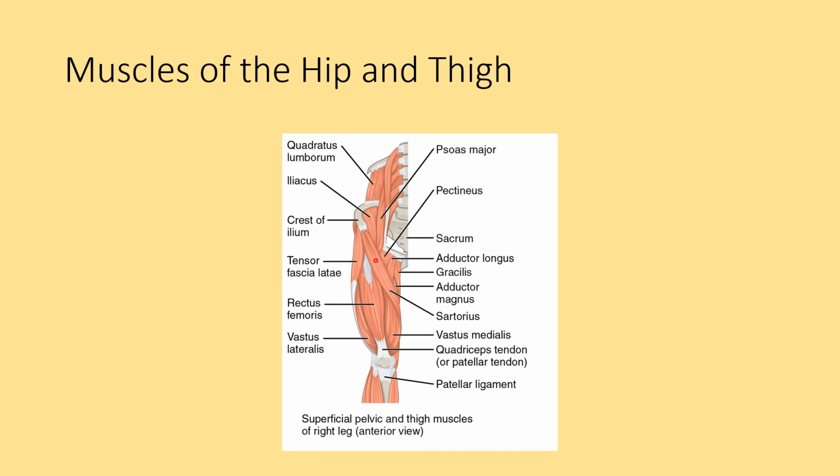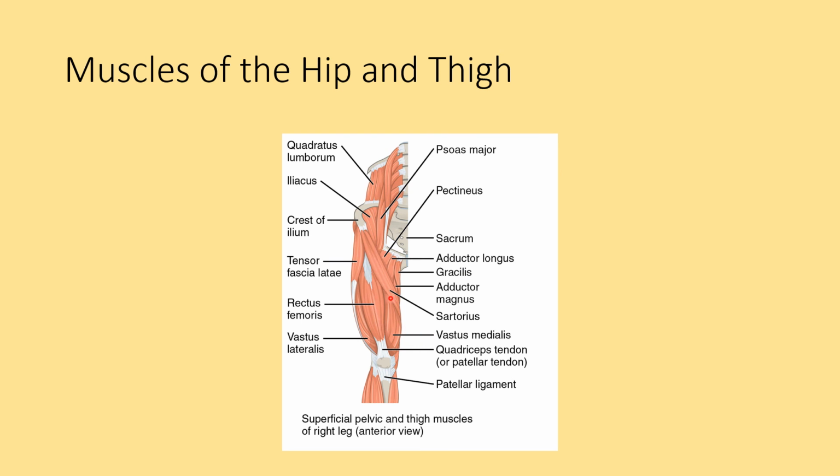This large superficial muscle that's just below the sartorius right here is the rectus femoris. So femoris puts you in the right spot. It's not quite dead center, but it's pretty much in the middle. If you go to the lateral side, you see the vastus lateralis. If you go to the medial side, you have the vastus medialis.